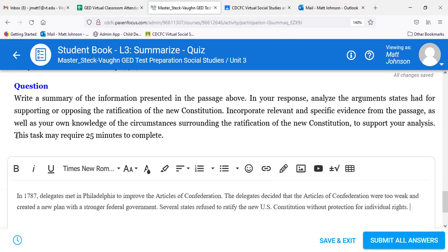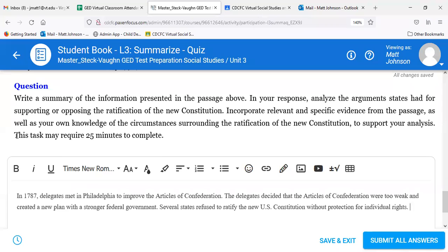So if you want to pop into that. I was just helping them. We read through the passage, and we were pulling out main ideas, main details, and a conclusion. And now we're working on writing the summary.